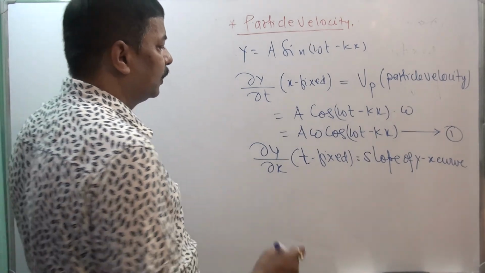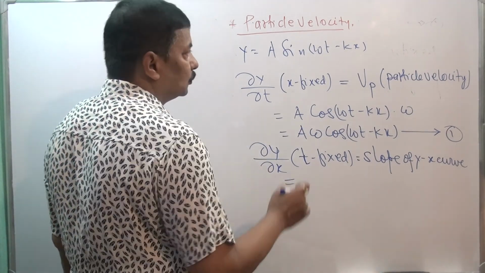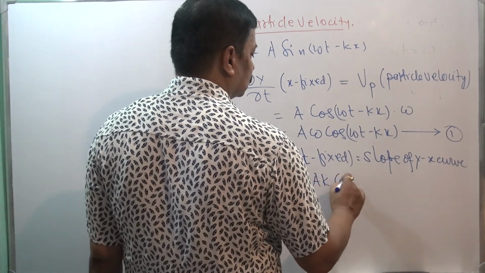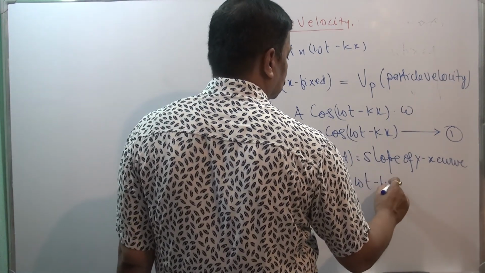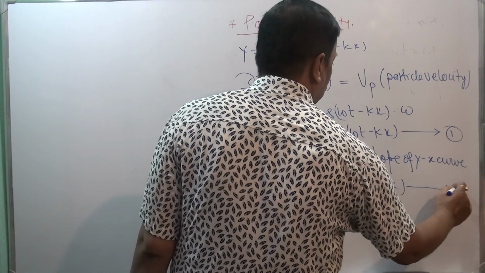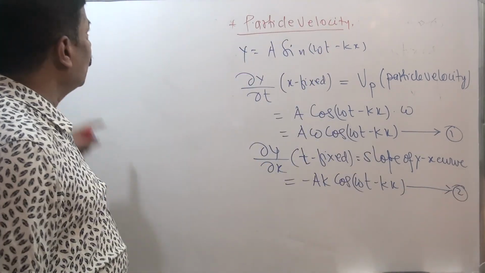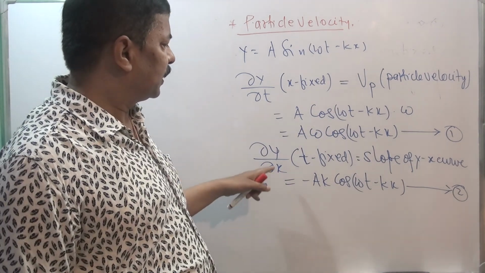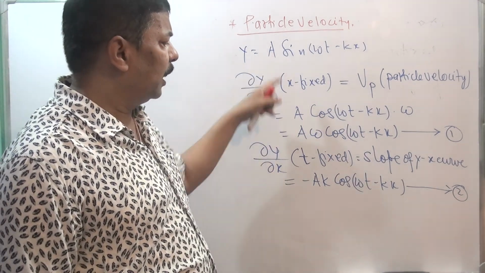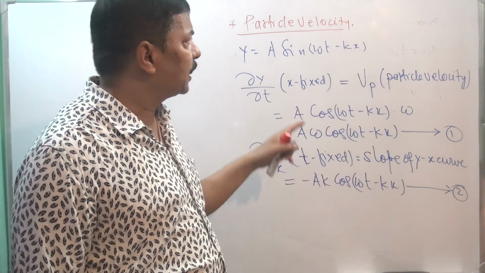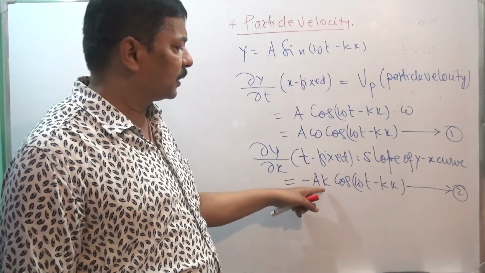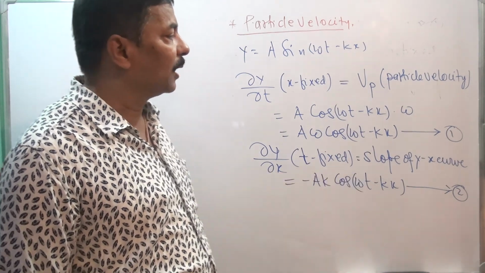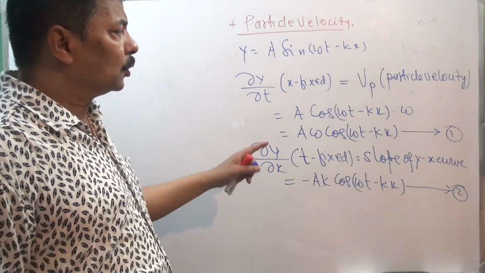So what will we get? Differentiation delta y by delta x gives a cos omega t minus kx, and the derivative of kx gives minus k. So we are getting minus ak cos omega t minus kx. So this is your slope.